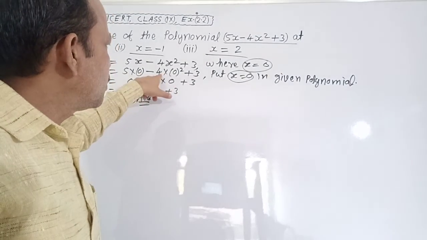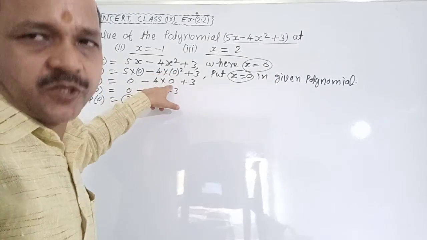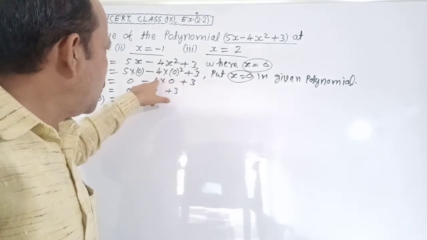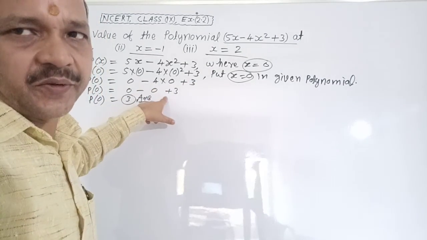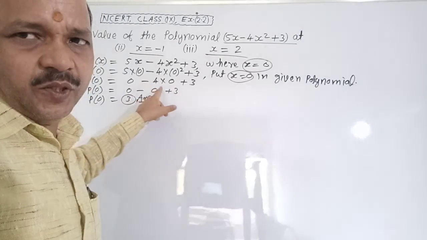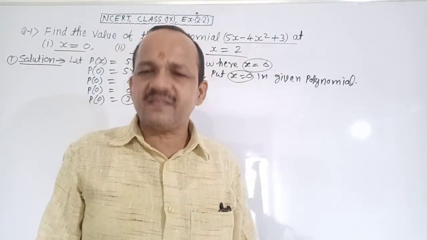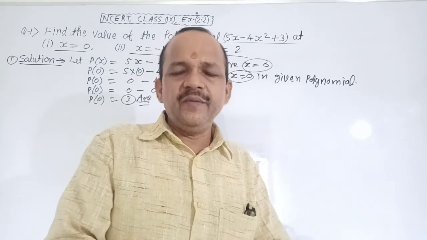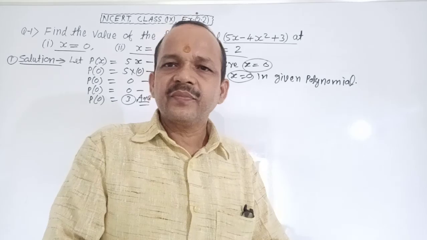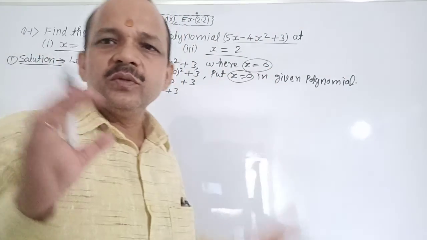Minus 4 multiplied by 0 multiplied by 0 becomes 0. 0 minus 0 plus 3 becomes 3. It means your answer is 3. It means you find the value of the given polynomial is 3, where x equals 0.